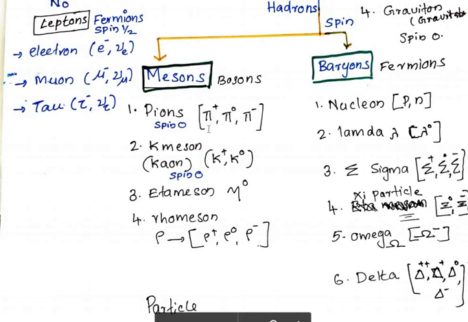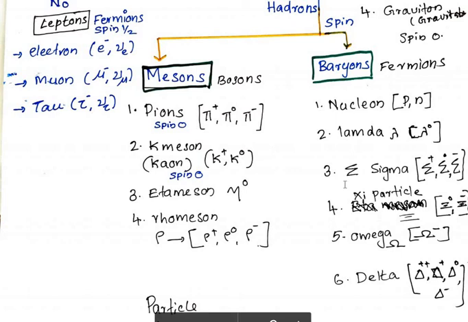And we know that in the pion family there are 3 different states of a single particle, that is pi plus, pi 0 and pi minus. We call this a multiplet. This is a triplet because it has 3 members in its family. Kaon has a doublet, and eta is a singlet.